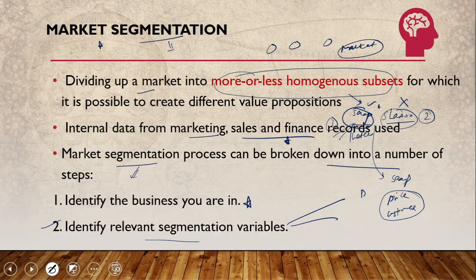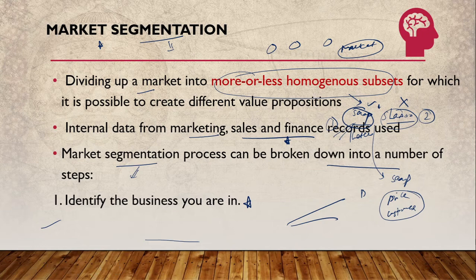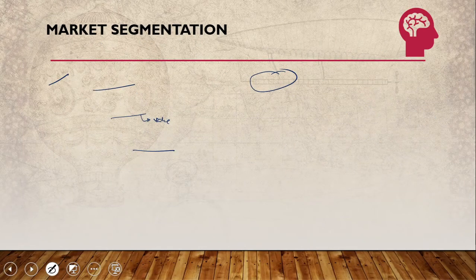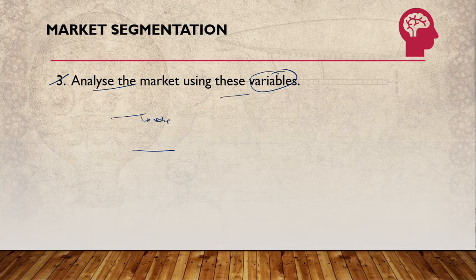So these steps are, if you see, the first is you have to identify which business. Let's say you are going into soap manufacturing. Then the second step is you have to identify who are the customers who will be purchasing it, what is the age group or what is the price that you want to see. So age is one variable, price is the second variable. Then once you have identified the variables, you need to analyze the market using these variables.